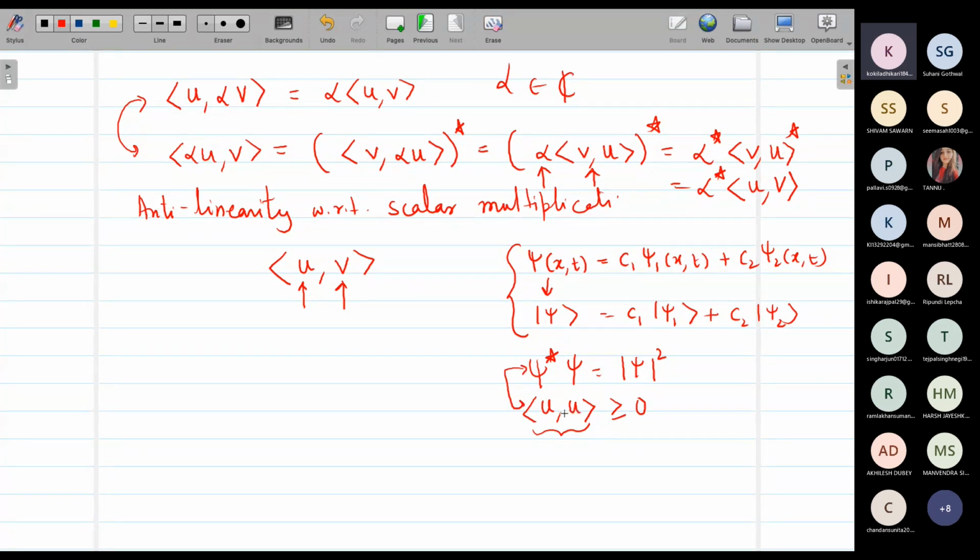We will make the equivalence later on when we understand this formulation completely. But the physical significance is that we have to have some properties which can take care of psi star psi giving a positive real number. This is what we are trying to achieve by defining these properties, nothing beyond that. And since all of these are complex numbers, we have to be in the complex vector space.